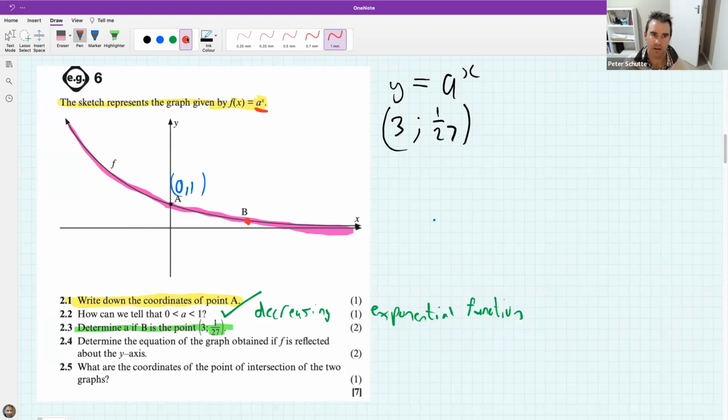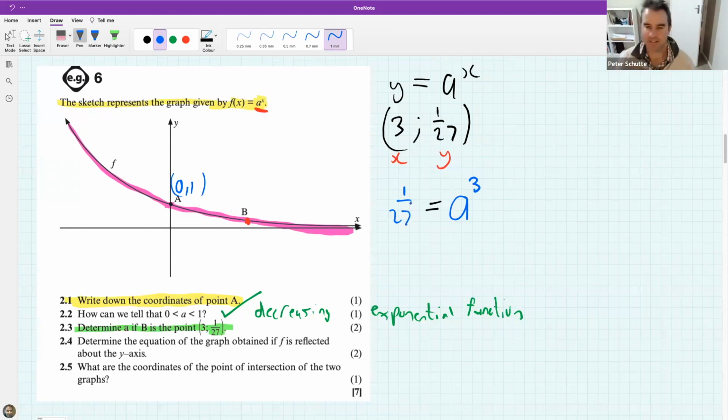I know this is X. I know that's Y. And so I get 1/27 equals 3 to the power of X. Oh, sorry, I've done it wrong, haven't I? A is the mystery, and this is the 3. Let me just make it all the same color. So that's 1/27.